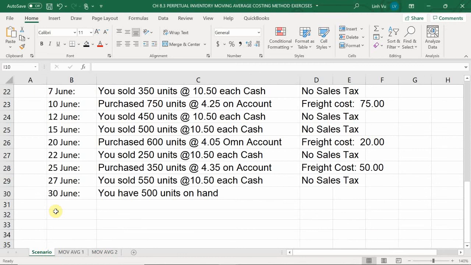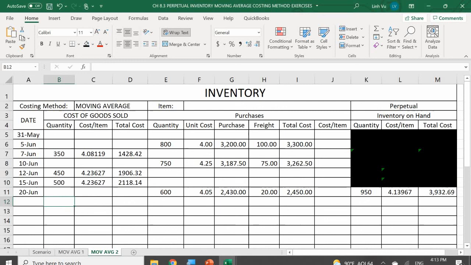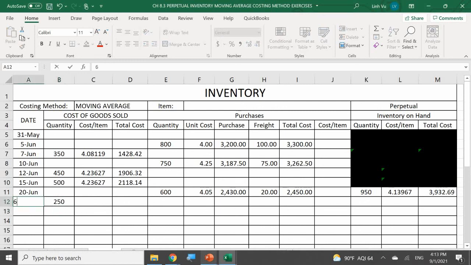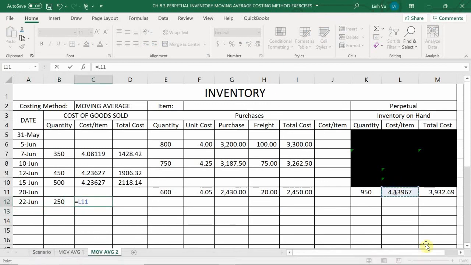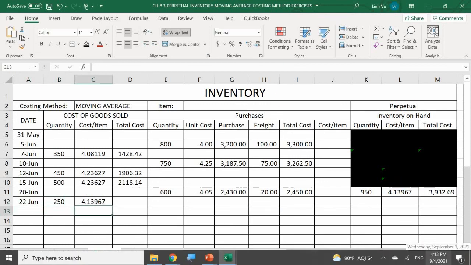So then on June 22nd, we end up selling 250 units at $10.50 each. So we sold 250 on June 22nd, at an average cost of 4.13967.